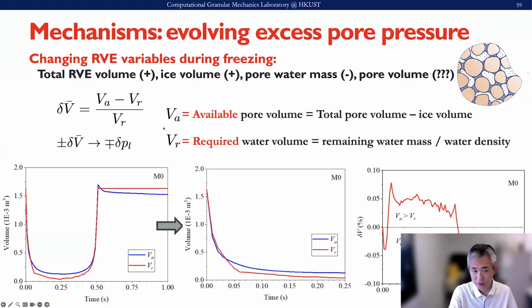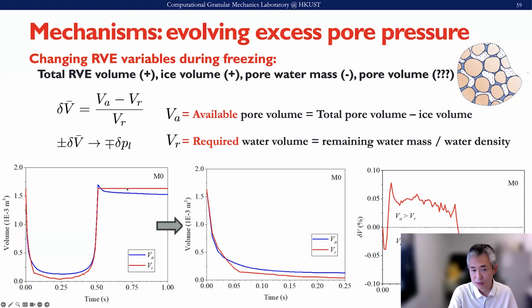And we compare this VA and this VR, and we find that there's a mismatch during this single cycle. Sometimes the available pore volume is bigger than the required one, and in that sense you can generate negative pore pressure.